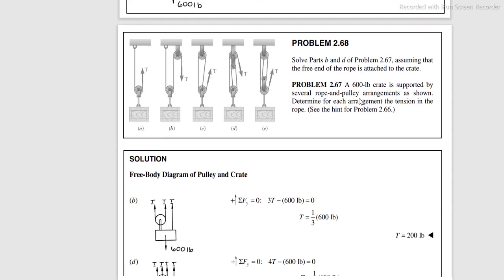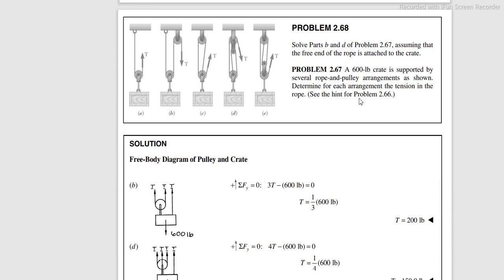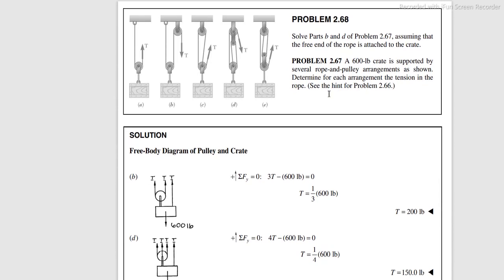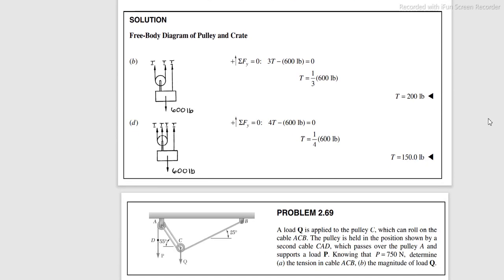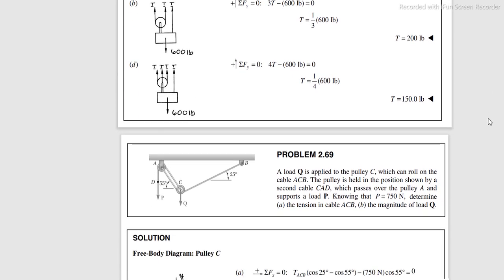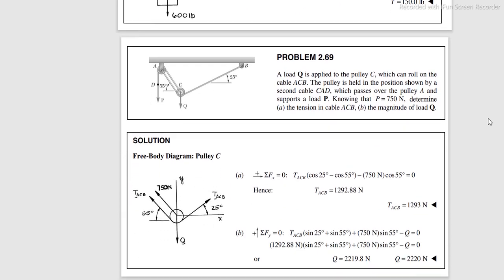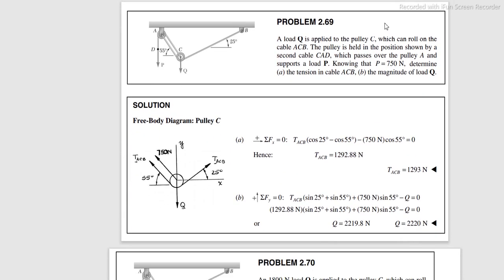And next question, similar question, problem 2.68, and the solution is here. 2.69. Next problem, a load Q is applied to the pulley C, which can roll on the cable ACB.